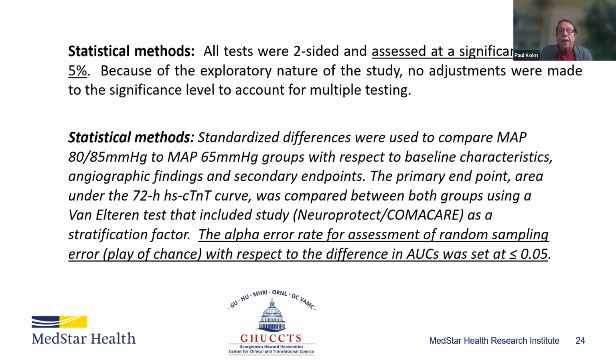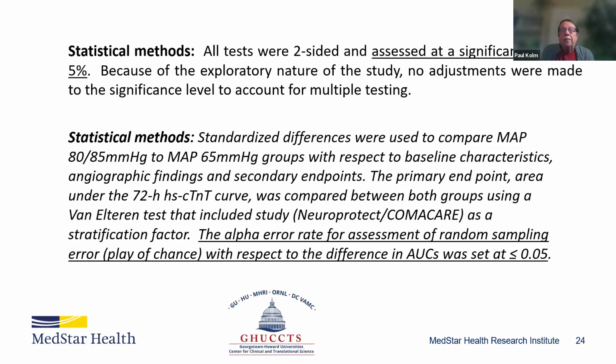So what I've done is written a better, at least in my opinion, statistical methods paragraph where we use standardized difference to compare baseline characteristics and secondary endpoints, unless you actually want to include the secondary endpoints in hypothesis testing. And so I put in here that the alpha error rate for assessment of random sampling error with respect to the difference in AUC was set at 0.05.